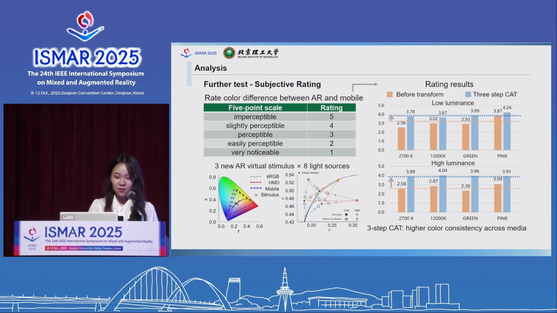We used 3 new AR virtual stimuli and 8 light sources, and the rating results are shown in the figure. We can see that after using our three-step CAT, the rating score is much higher, and this means that our three-step CAT has higher color consistency across the media.